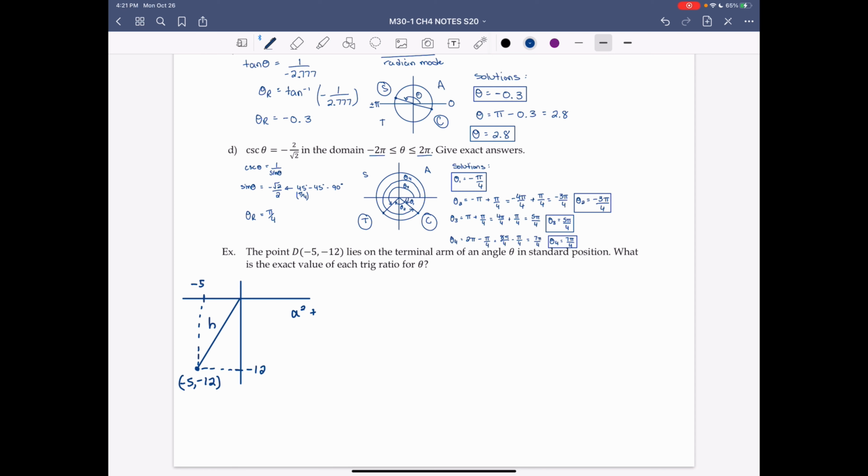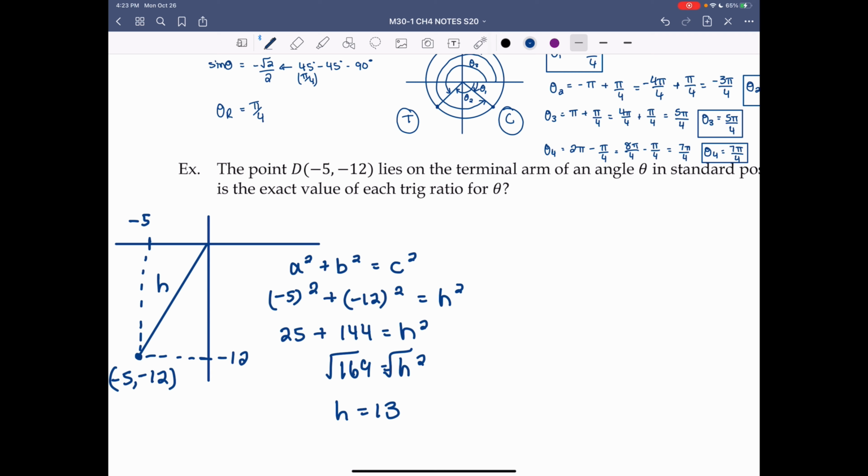A squared plus b squared equals c squared. Negative 5 squared plus negative 12 squared equals h squared. 25 plus 144 equals h squared. That gives us 169 equals h squared, and then we square root both sides, and h equals 13.